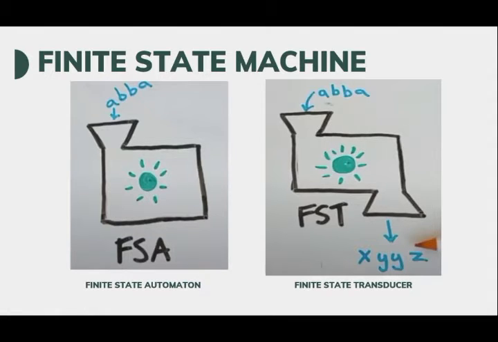So the finite state transducer can reject or accept, and it can also release output.